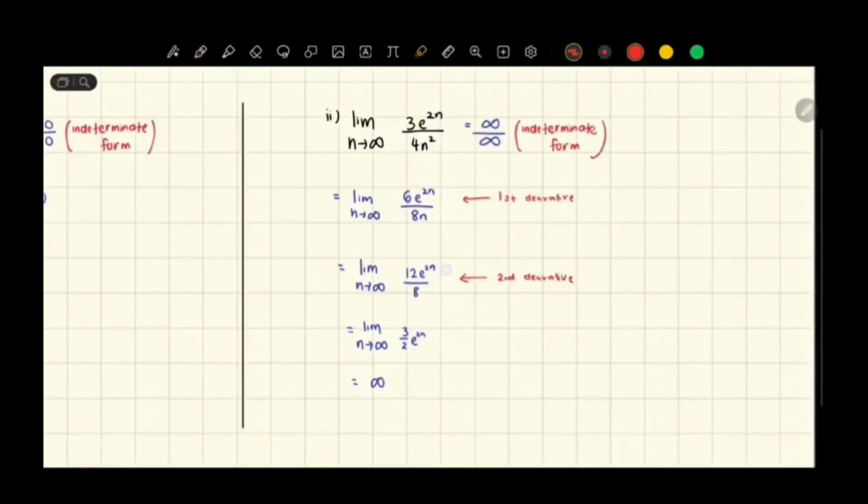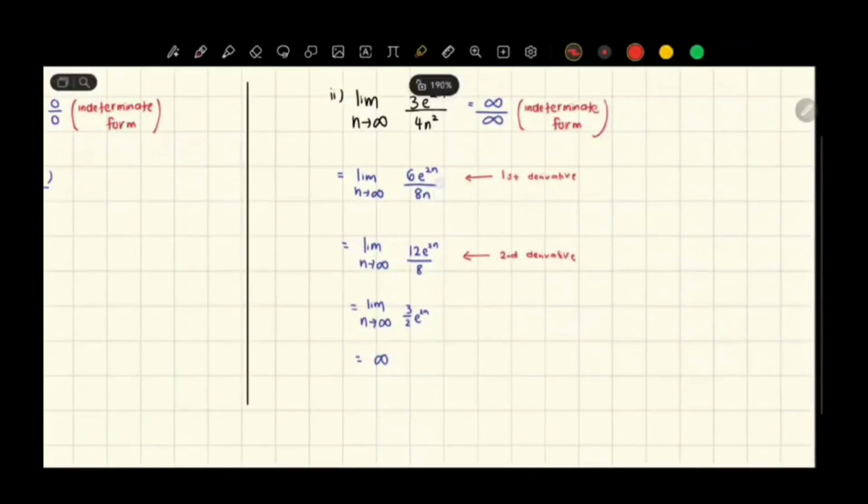So the next step is we need to differentiate for the second time, which is the second derivative, because when we substitute n with infinity, we will get the same answer, which is an indeterminate form. So we need to do the second derivative.